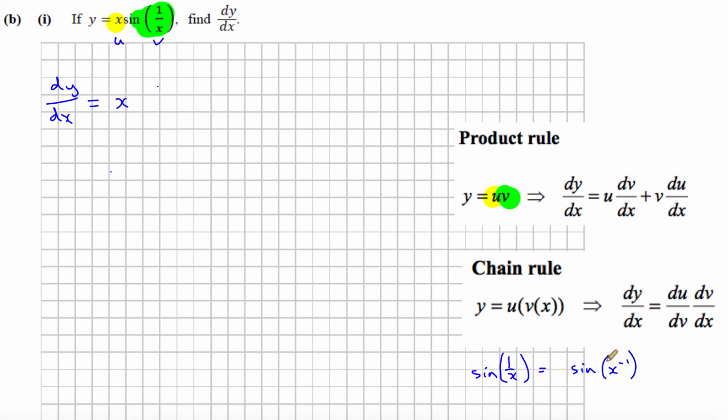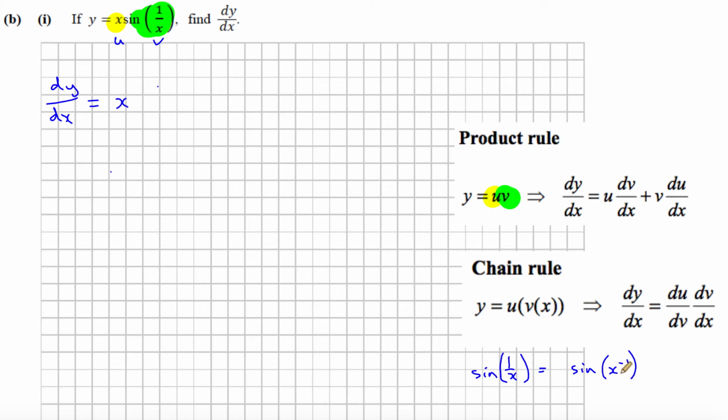So here I can use the chain rule. This rule here, both these taken from my tables book. I'm going to use the chain rule here because this is a function within a function. The derivative of sine x is cos x.